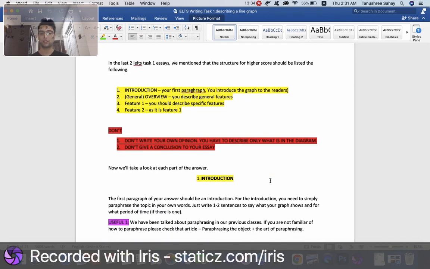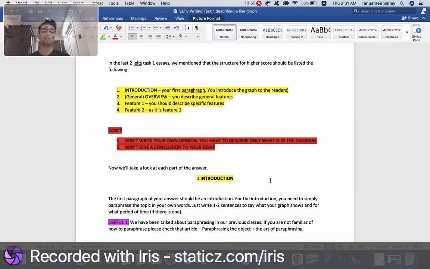But before we learn how to do it, let's find out what the don'ts of the line graph are. And actually it refers to all the previous 3 task 1 questions. So do not write your own opinion. That's not allowed.